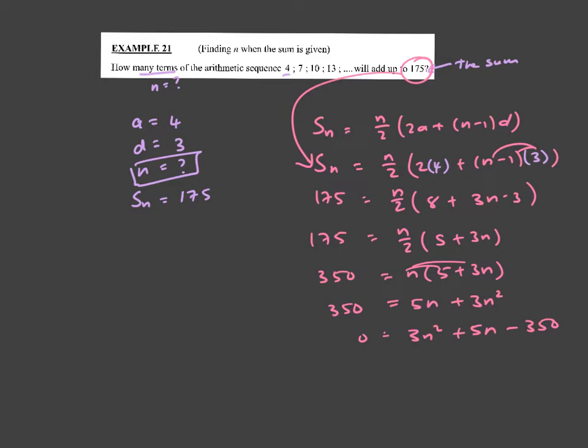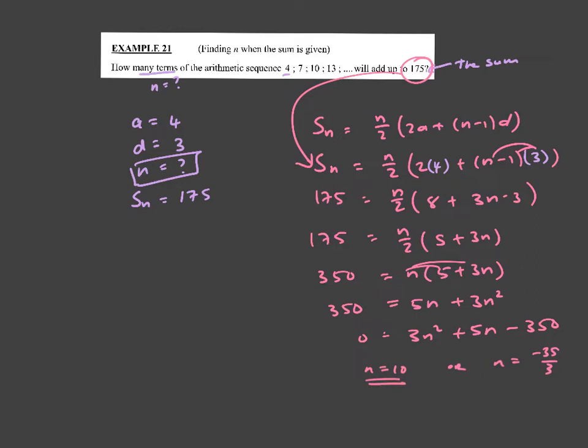If you factorize, I'm going to skip that. You know how to use the quadratic formula. You're going to get n is equal to 10, or n is equal to minus 35 over 3 of some sort. Now, you want the positive integer.